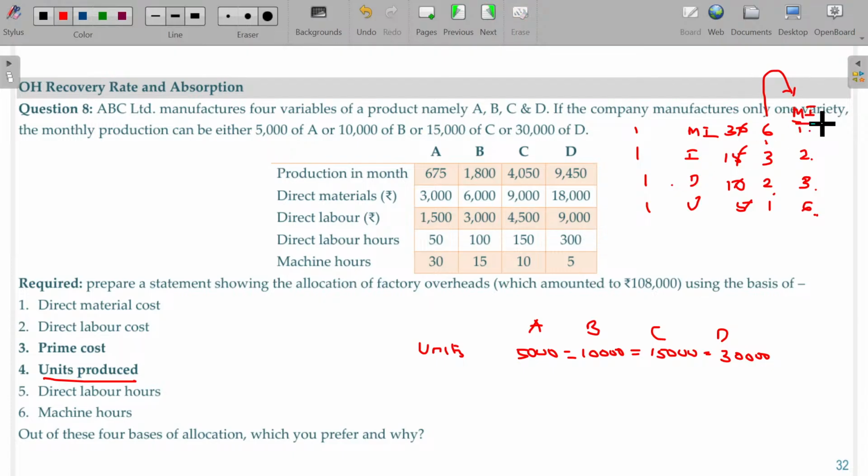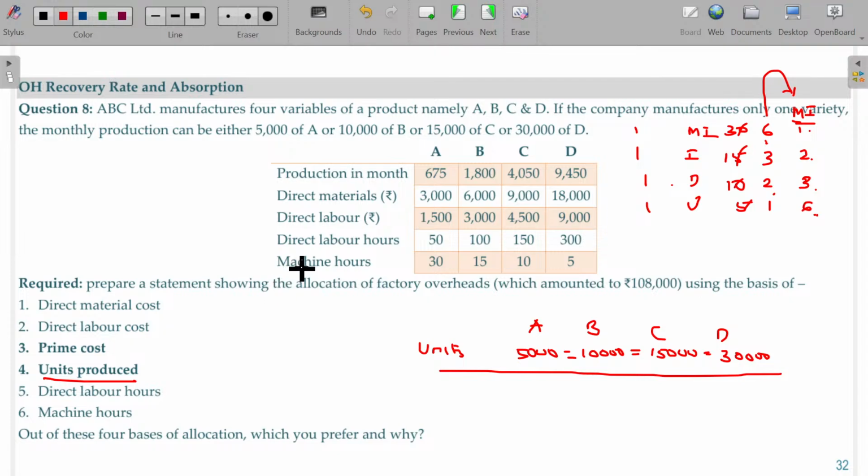I am converting everything into mini idlis. Clear, this is the ratio. So 1 mini idli requires 1 mini idli of flour, 1 idli requires 2 mini idlis of flour, 1 dosa requires 3 mini idlis of flour, and 1 uttapam requires 6 mini idlis of flour. Then only you will be able to understand this one.